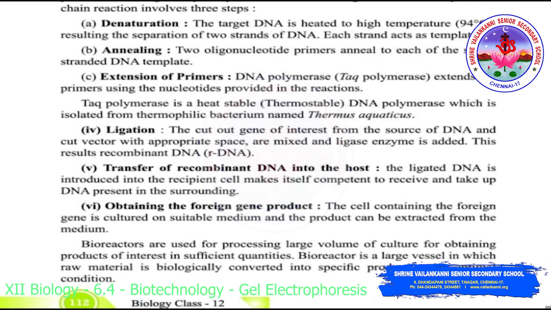A bioreactor is a large vessel in which raw material is biologically converted into a specific product under optimal conditions. So this is the final result, where we get multiple copies of the gene of interest created by rDNA technology.